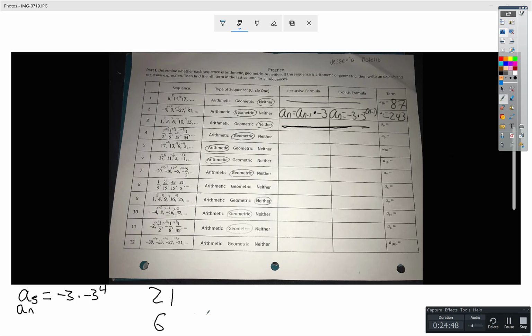That's 21. The 7th term is 21 plus 7. That's 28. The 8th term is 28 plus 8, that's 36. And the ninth term is going to be 36 plus 9, and that's 45. So a_9 is 45.